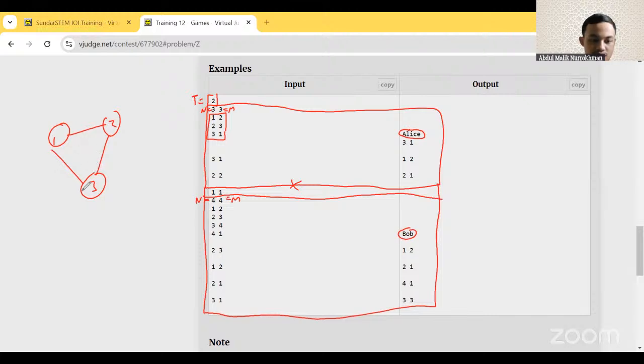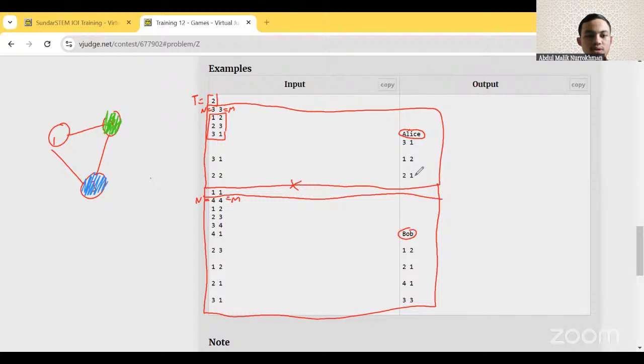After that, Alice gives another two colors, which are 1 and 2, and Bob colors the second vertex with color 2.